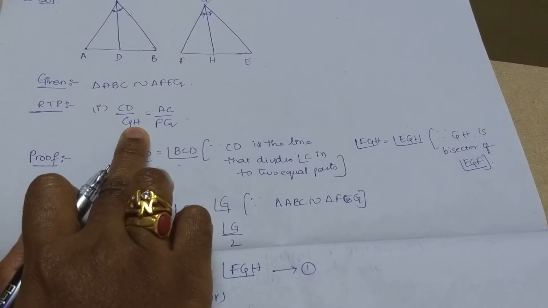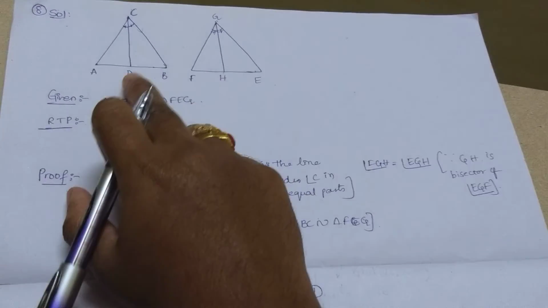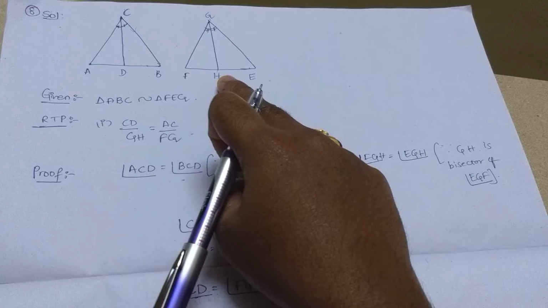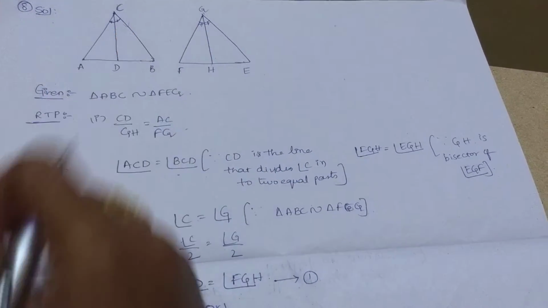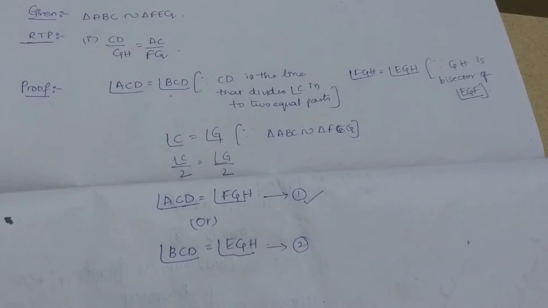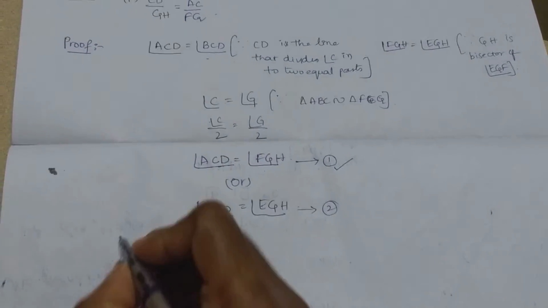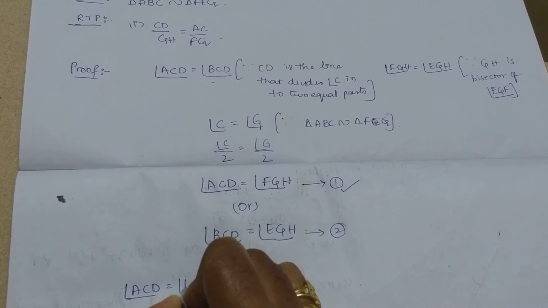We have to show that CD by GH equals AC by FG. So the left part we have to consider, which means we have to consider equation 1. Angle ACD equals angle FGH.